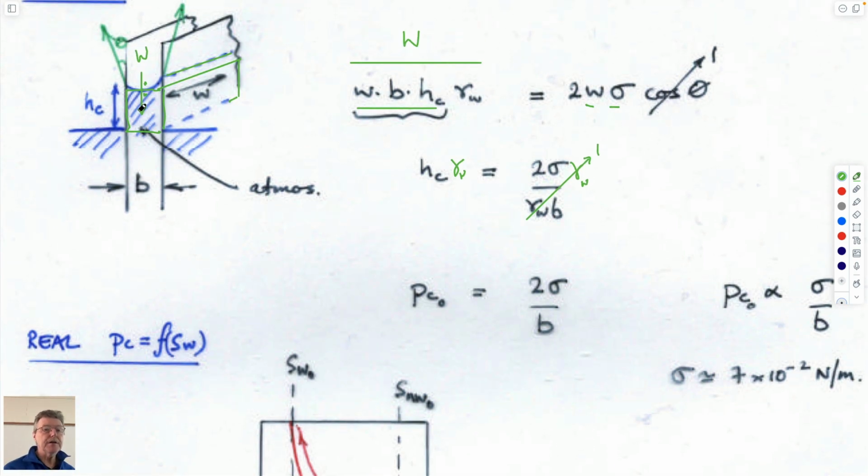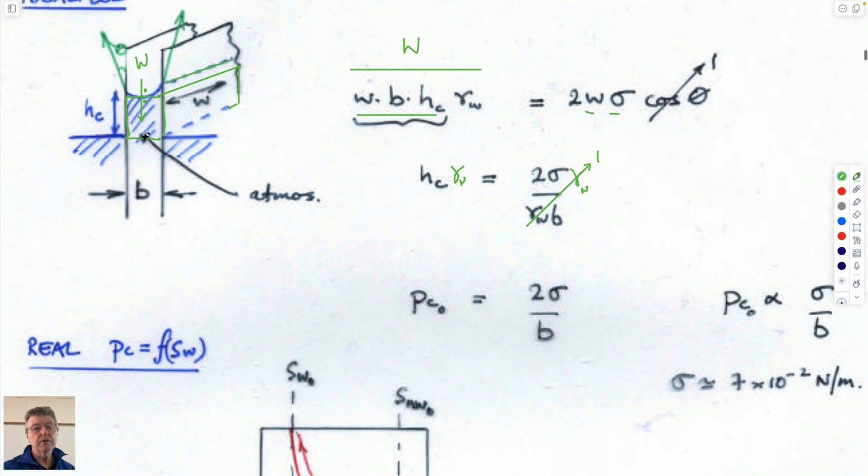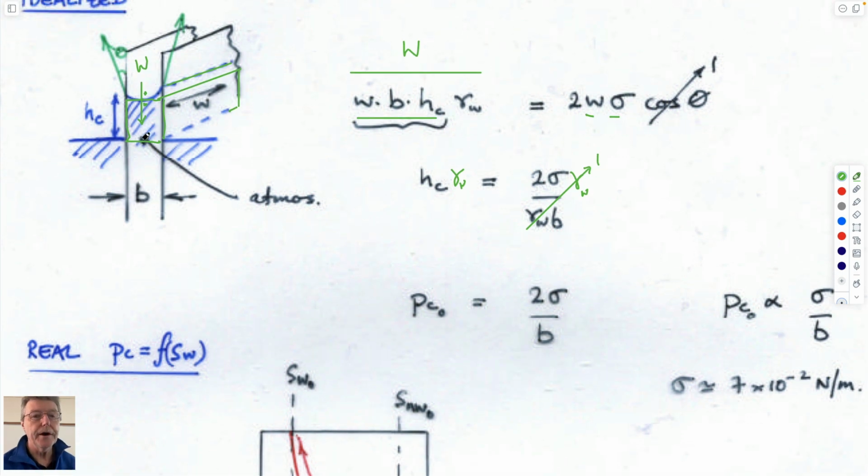So now we've got an expression that we looked at, which is for these two parallel plates and also for a capillary. But that only represents a single pore in the system. And what we'd like to do is be able to incorporate those all together in some way.